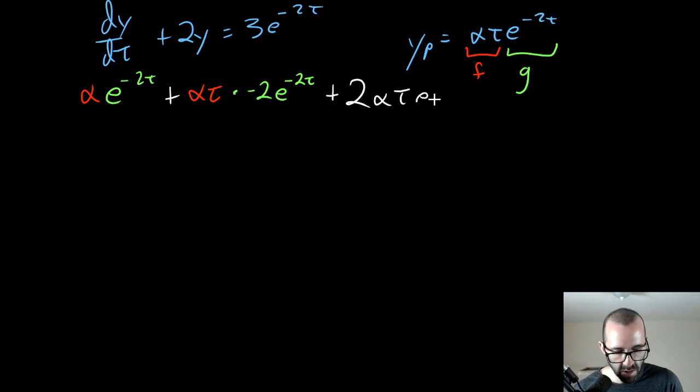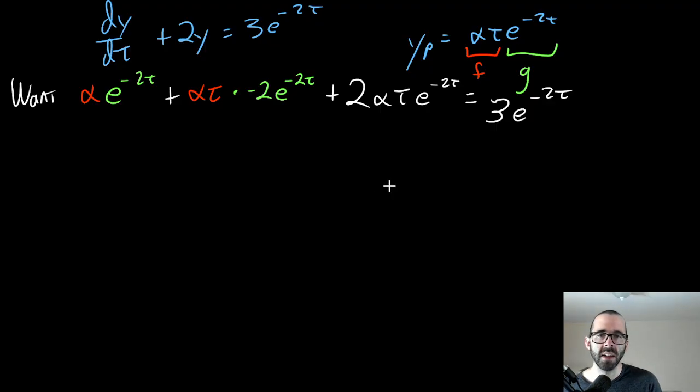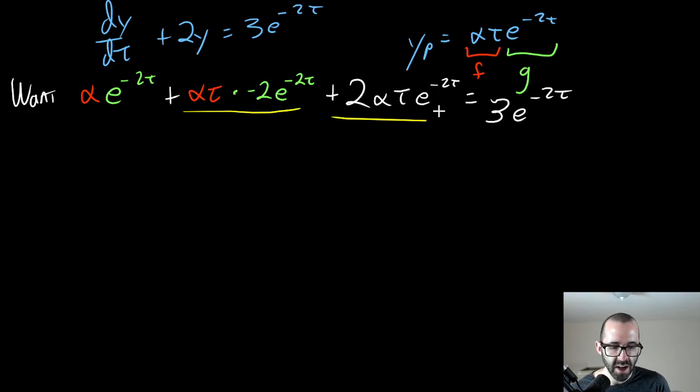And again, we want this to equal 3e to the negative 2t. We'll simplify and we'll get something interesting, but the most important thing is that we have negative 2 alpha t e to the negative 2t and positive 2 alpha t e to the negative 2t, and they cancel out.